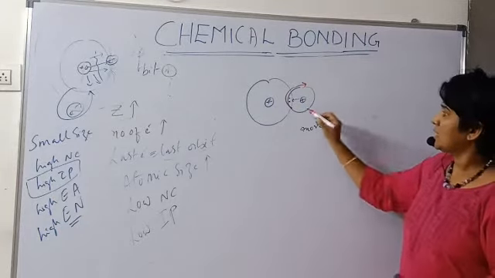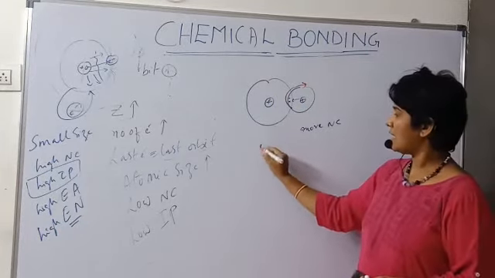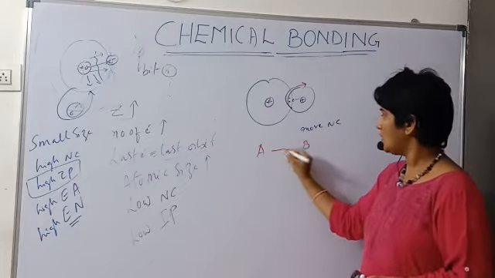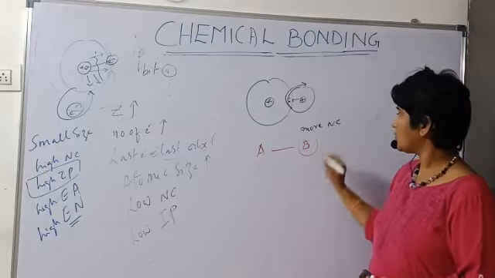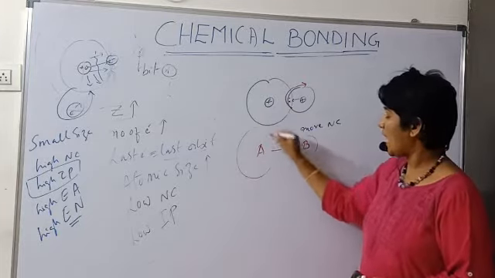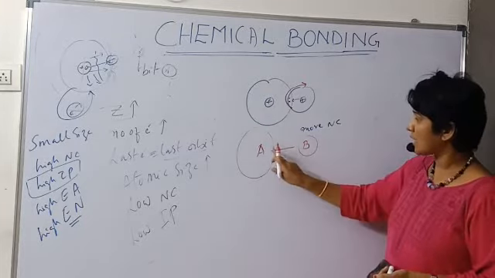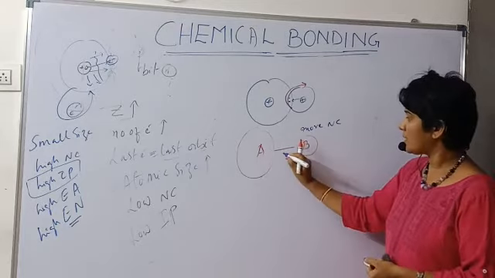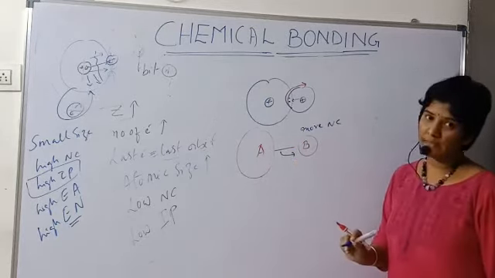So these bond pair of electrons are pulled towards the smaller atom. So if I take this large atom as A and the small atom as B, here the small atom, due to more nuclear charge, has a tendency to attract the bond pair of electrons towards its side.